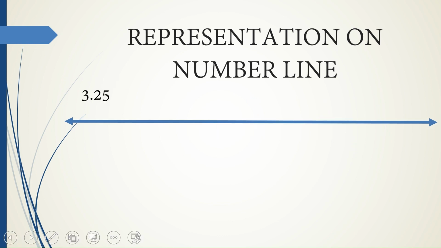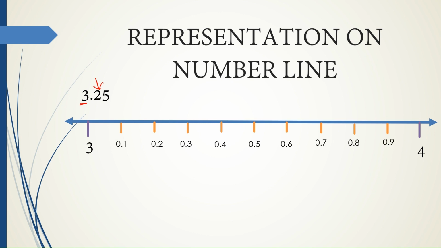To represent 3.25, here we have till 100th place. The first step would be to locate the whole number part, then tenth part, and then we will locate the hundredths part. So 3 is a whole number, its successor 4, divide that into 10 parts, give the markings for each and every part.